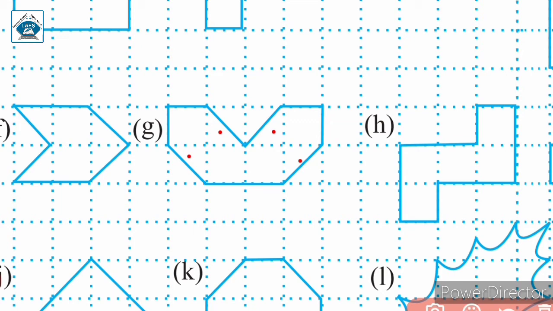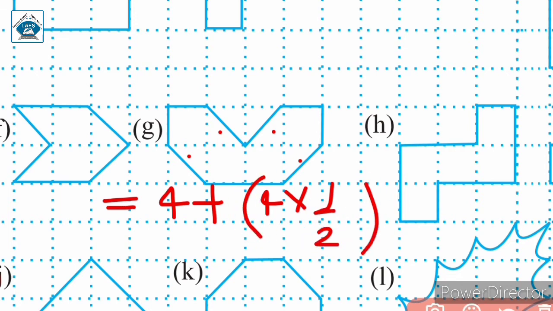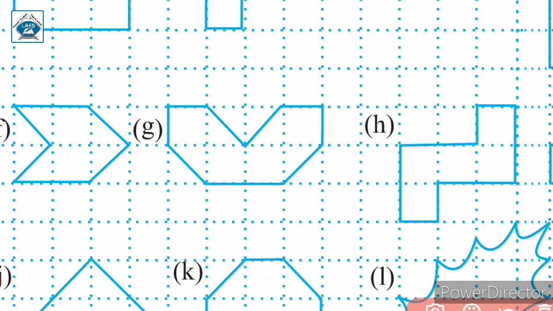Therefore, the area of the figure will be equal to 4 plus 4 into half, क्योंकि वो 4 half squares हैं, तो we will multiply it with half. So this will become 2. So this is equal to 4 plus 2, which is 6. So the area of this figure is equal to 6 square units.